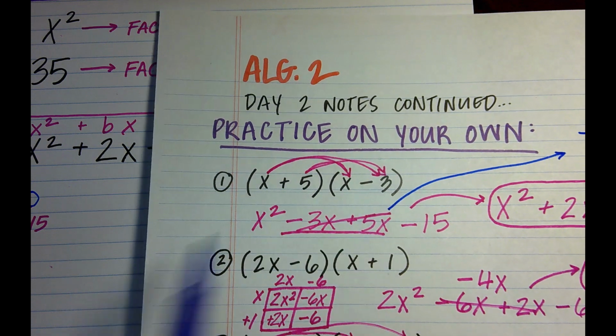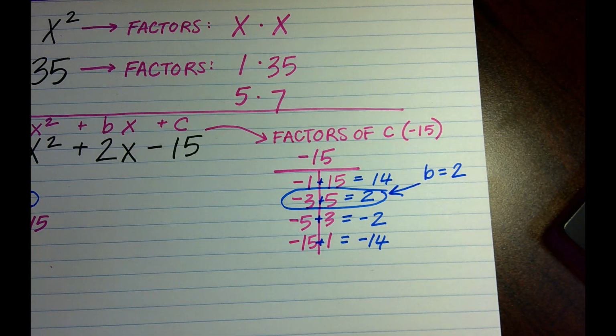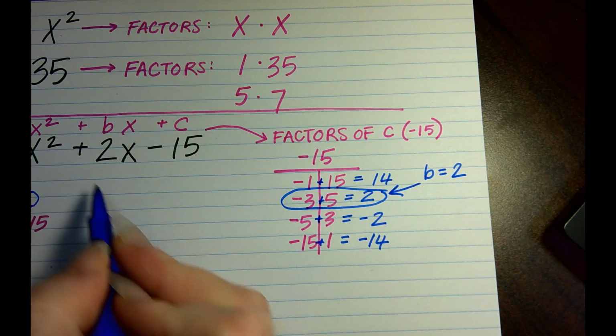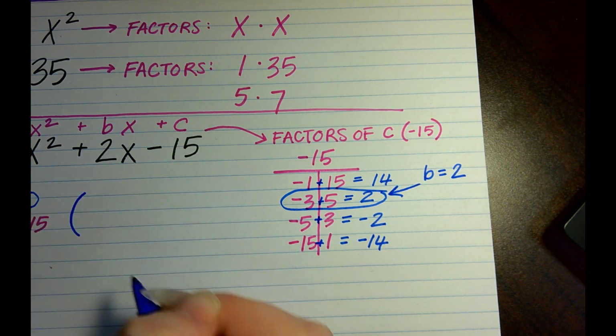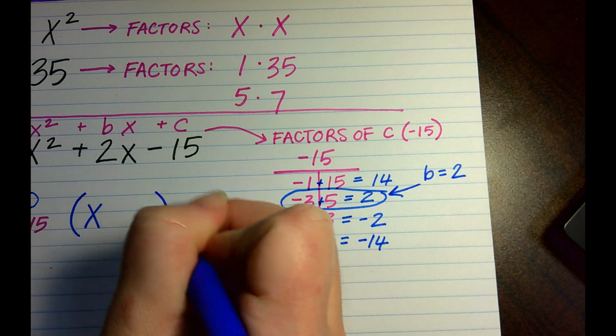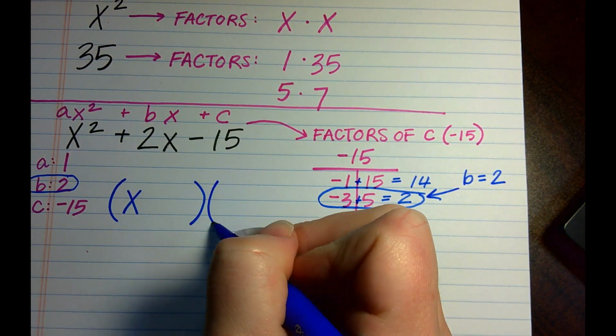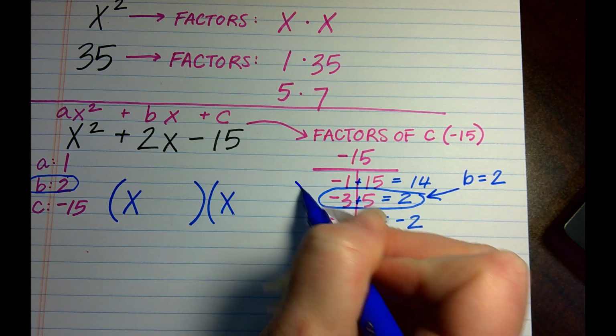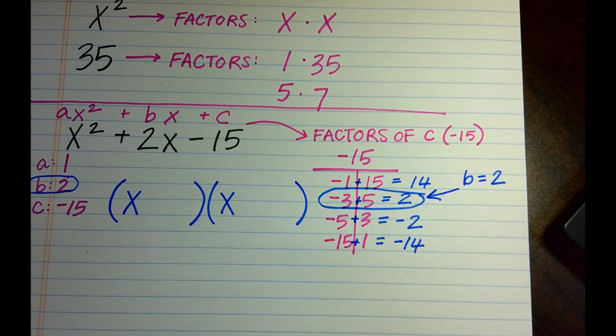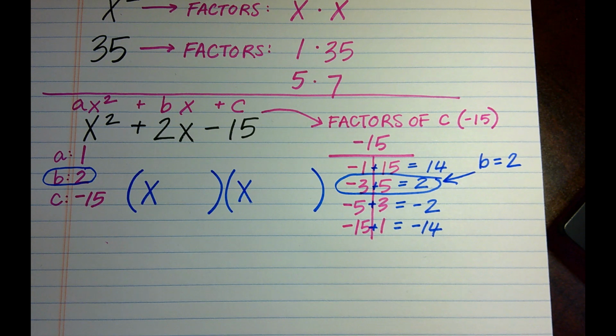So 2 binomials, 2 sets of parentheses, where you have x plus or minus something times x plus or minus something. So we are going to write under here x plus or minus something. We're going to leave a blank. And then another x with a blank. Okay, so now we have this.